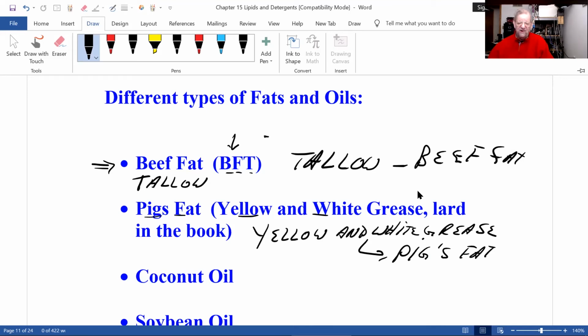Now, in the real world, beef fat is a couple more cents per pound than pig's fat. If you're buying 100 million pounds or more in a year, you try and use pig's fat whenever you can, even though the supply is higher for beef fat, because we eat more beef than pigs in the United States.